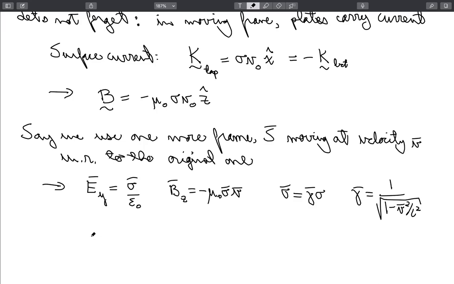And the v bar could be seen as an addition of two things. So it could be adding a velocity v to the one moving with v0, over 1 plus v v0 over c squared. Okay.